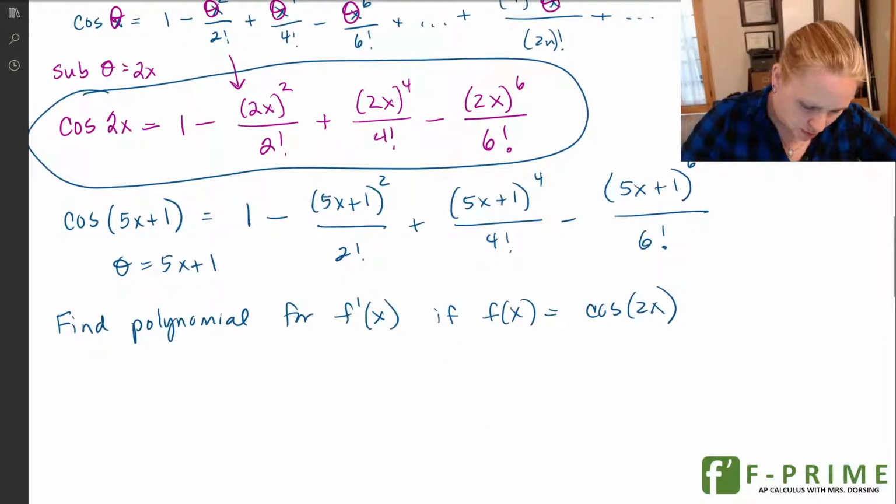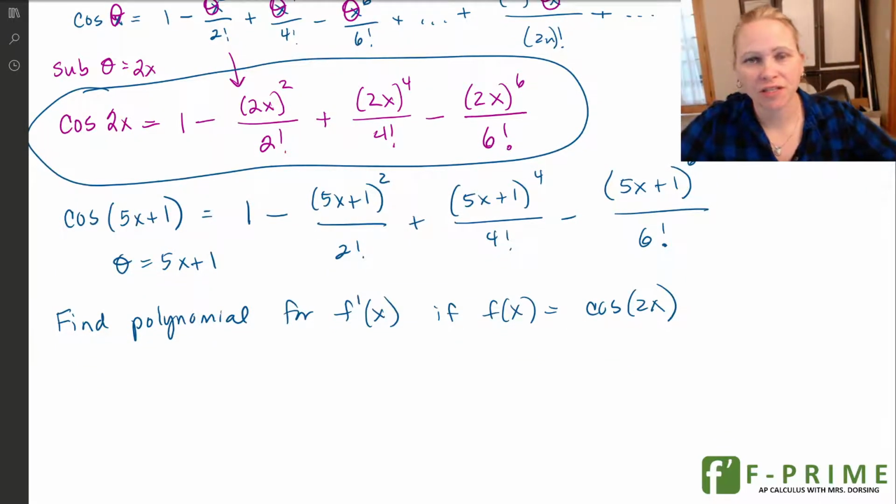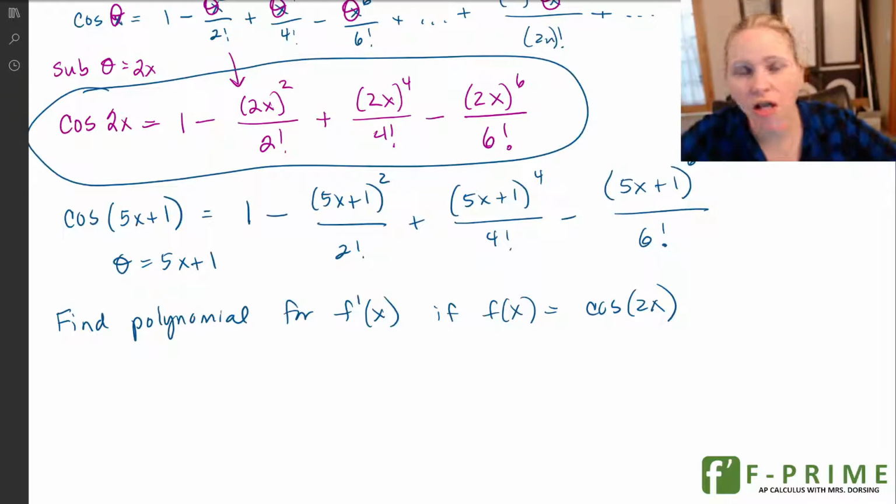But if I want to find the polynomial for the derivative, the best part about this is that with Taylor series and Taylor polynomials, all I have to do is literally take the derivative of the polynomial. It's the easiest derivative we ever knew how to do, polynomials. And all I have to do is do the derivative.